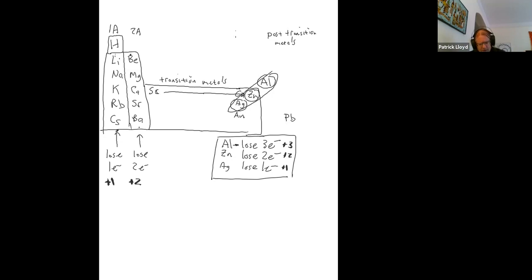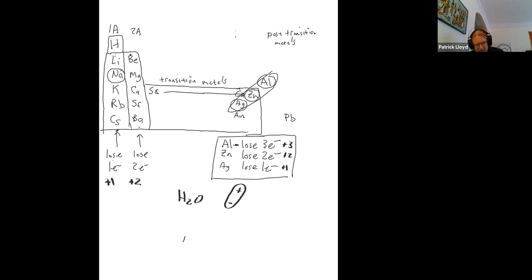Remember that water has a dipole moment. It has a positive end and a negative end. And if these metals form cations, they have positive charges. So for example, sodium, in the first column, loses 1 electron and has a positive charge of 1.